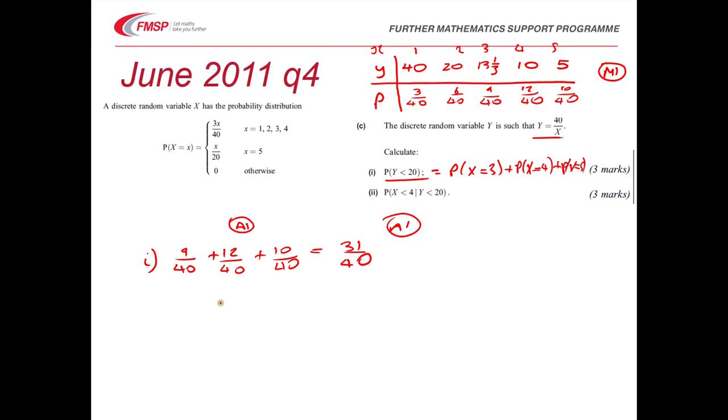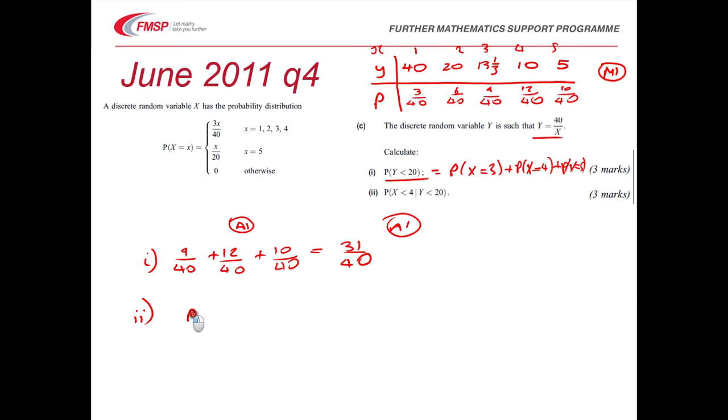Okay, so for part 2, we've got this idea of a conditional probability again. So the probability that x is less than 4, given that x is less than 20. So the probability that x is less than 4 is going to be the probability of x being 3 and 4 only.